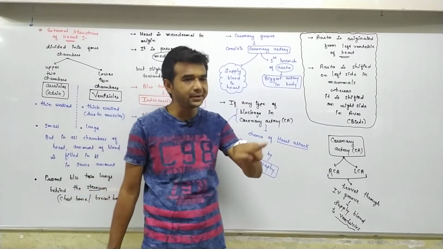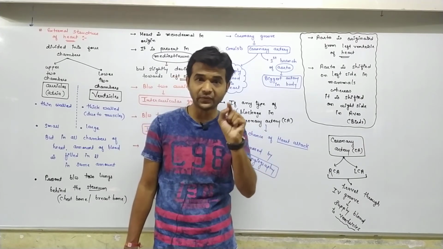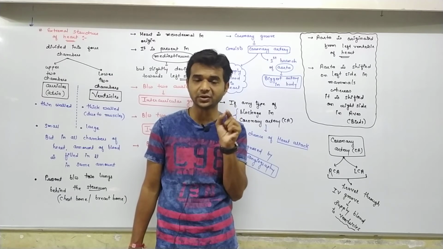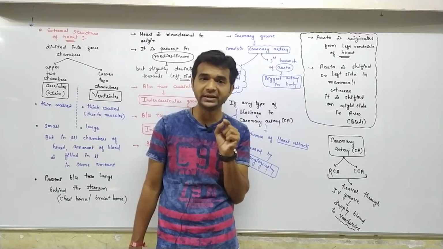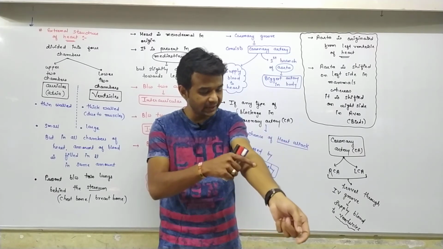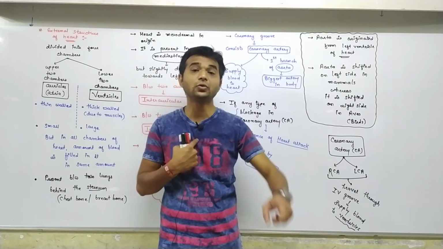So the balloon is entered, a fibrous balloon, very thin string-like fiber structure, and on the tip of that is the balloon. So it is introduced through the radial artery, then to the subclavian artery, then to the aorta, to the coronary artery.